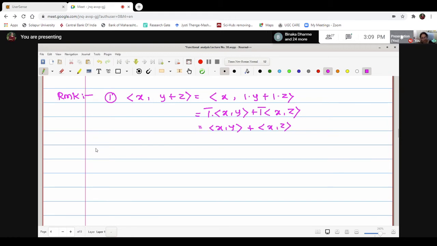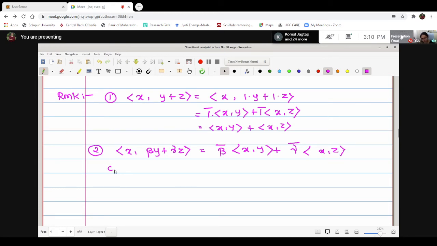And whatever property we have used, that second property. Which property am I saying? Inner product x with beta y plus gamma z, this we have proved is beta bar inner product x with y plus gamma bar inner product x with z.